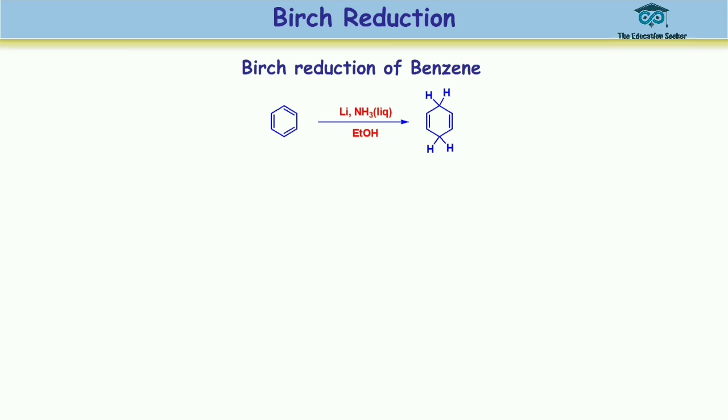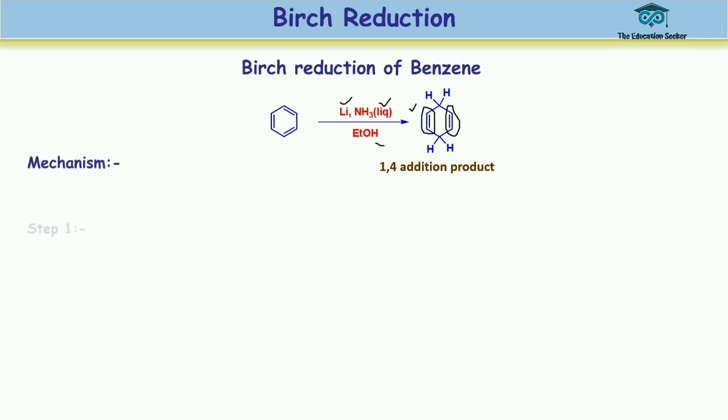So benzene under the condition of lithium, liquid ammonia and ethanol will provide this 1,4 addition product, and this 1,4 addition product will not further undergo Birch reduction. Why? Because if you look at the molecule, there is no conjugation, and these two double bonds are isolated double bonds, right? You know that isolated double bonds do not respond to Birch reduction. So this molecule as a whole will not undergo Birch reduction further, right?